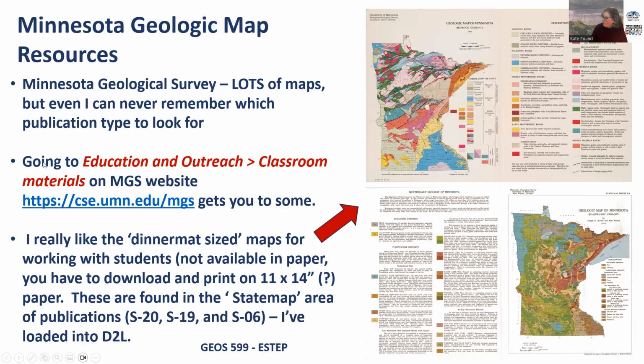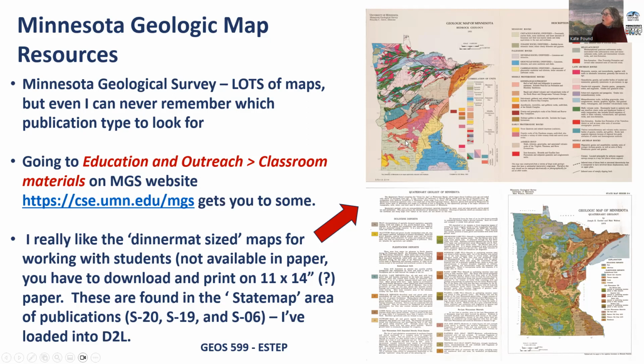So the first stop is usually going to Education and Outreach at the MGS website, which I hope you have bookmarked by now, and then going to Classroom Materials. And you scroll down and you get to some of them, like those postcard maps we've looked at. I've also uploaded some of those into D2L for you.